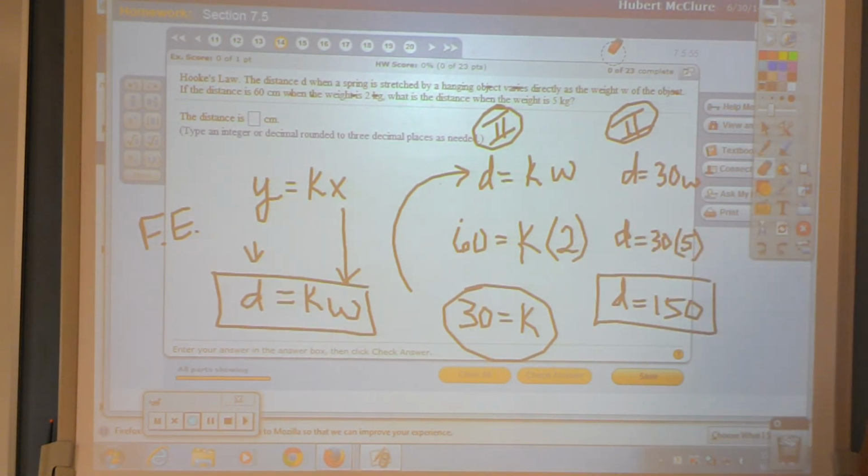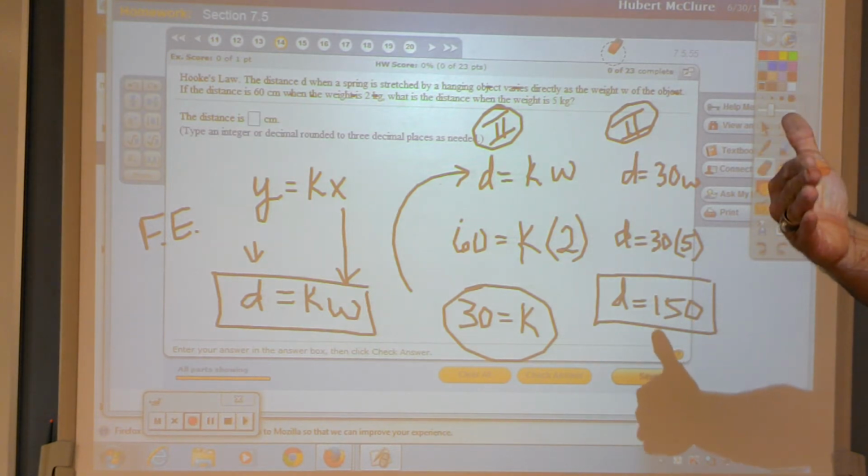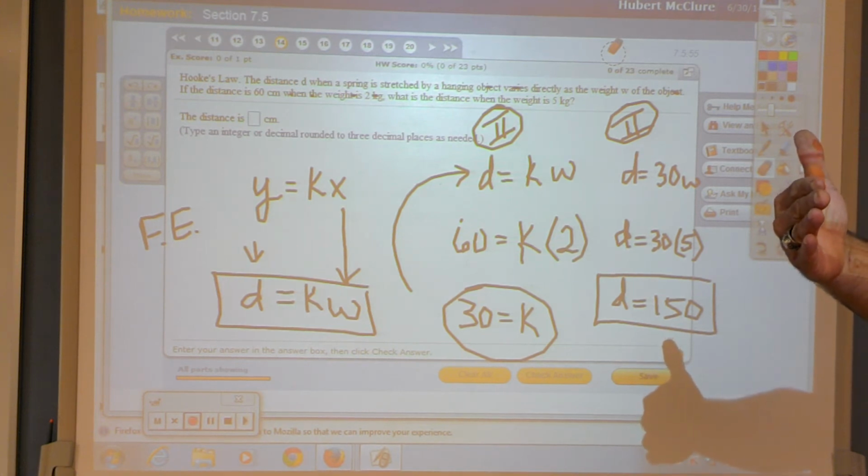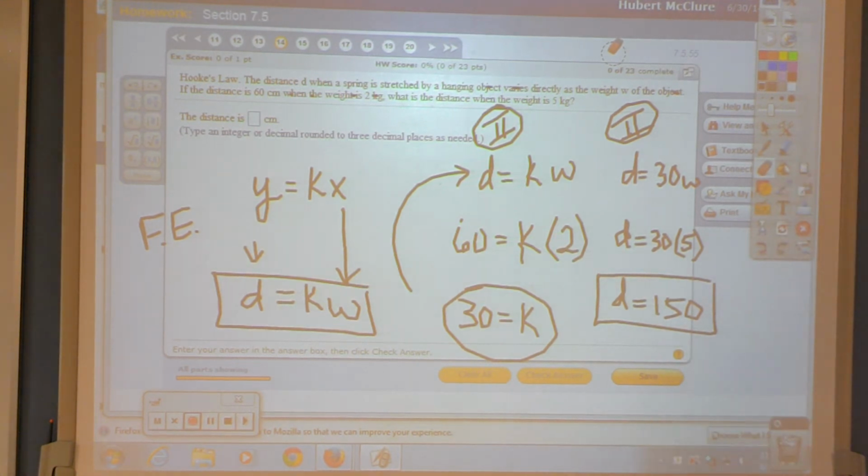So they're just telling you that the spring, let's say it's at rest. When you attach that weight, it's gonna go 60 centimeters. And then they're gonna take the weight off. What happens to the spring? Boom, it goes back. Then you put the other weight on it, it's gonna go what? 150. They're not asking you to deduct anything.